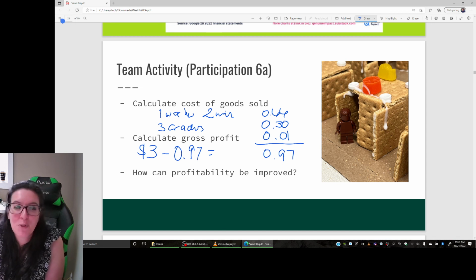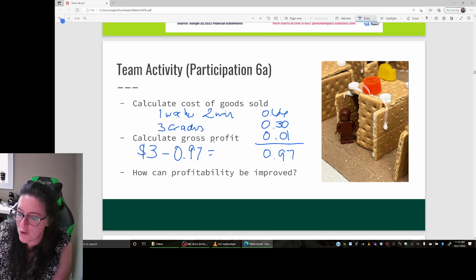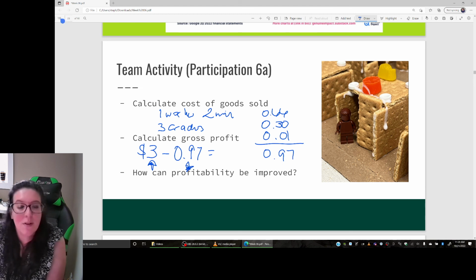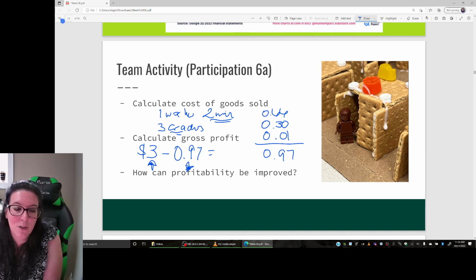How can we improve the profitability for our gingerbread house? Well, if you're changing gross profit, you either need the value to go up or the cost to go down. So I need a way to make the gingerbread house that takes less time or takes less material. That will make my cost of goods sold go down. Or I need a gingerbread house that's worth more.